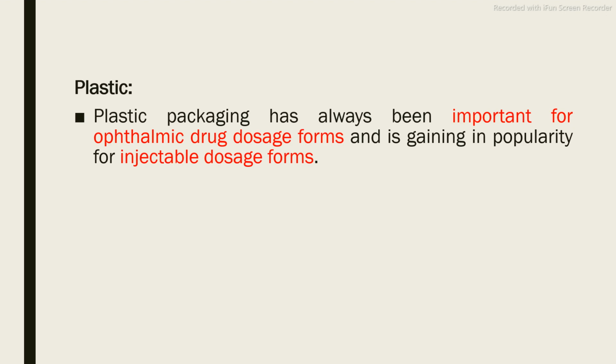You can see plastic containers only in large volume parenterals, whereas in small volume parenterals, till date only glass containers are available, and plastics are not suitable for small volume parenterals.